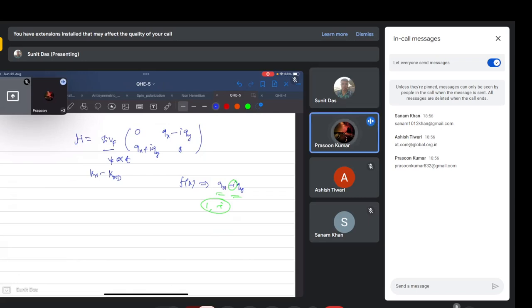The second question is essentially about when we derive the dispersion relation of Landau levels for graphene.